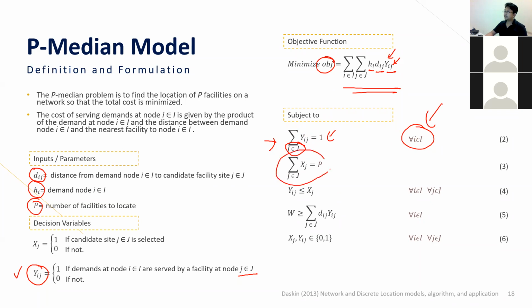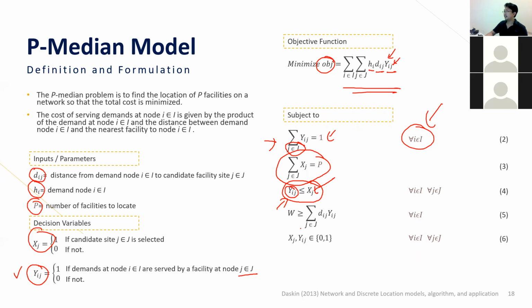And this constraint is still the same, sigma xj equals p. And this one is to ensure the relationship between Yij and xj. The value of Yij should only be 1 if we have xj equal to 1. If xj equals 0, the value of all the Yij should be 0, for those particular j.